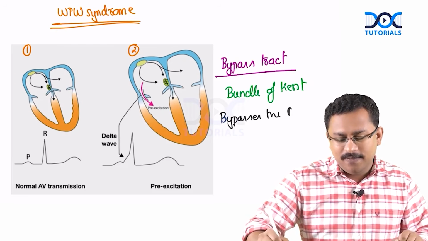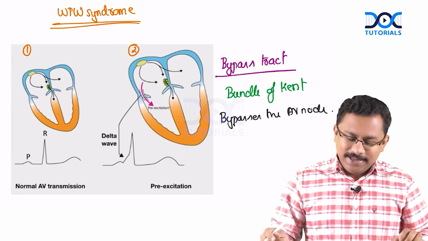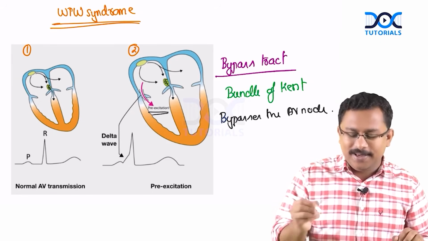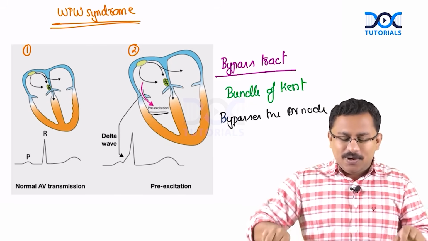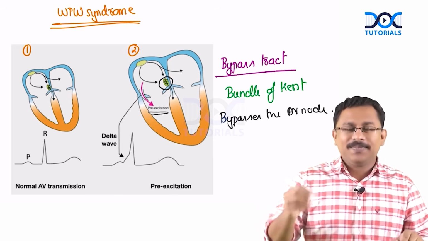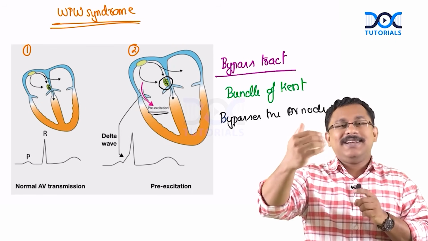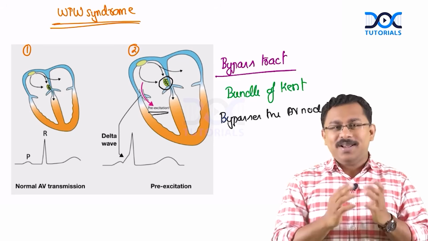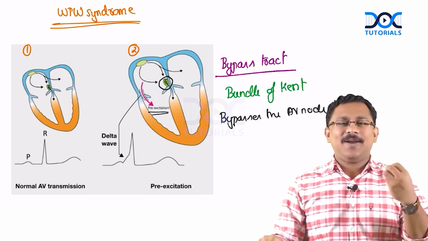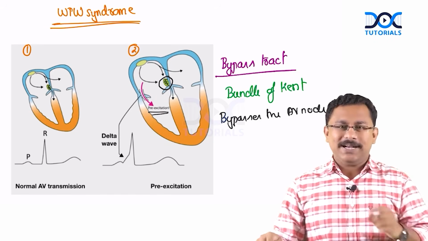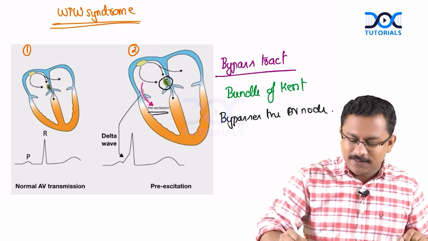Let me be more clear on that. As you can see, the arrow that is shown in pink here, corresponding to the pre-excitation, means bypassing the normal AV node that is normally here. So bypassing this AV node, the impulse actually comes directly to the ventricular myocardium. So there is a premature activation of the ventricular myocardium by this bypass tract. Premature activation or a pre-excitation. What is that term?